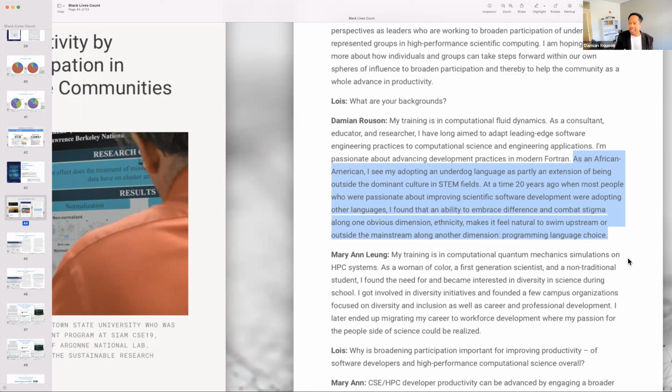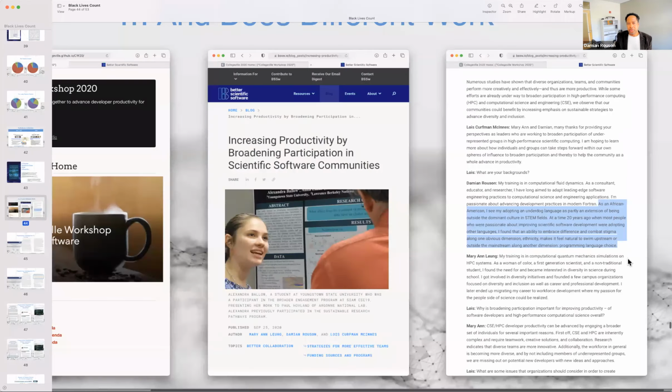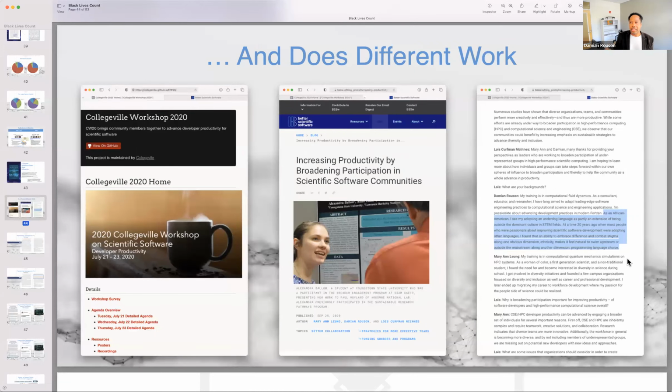So I think there is actually kind of a relationship between the fact that I chose Fortran as my adopted language, or my primary language. I've programmed in a dozen or so different programming languages, but the fact that I chose Fortran, I think, partly relates to my background. Oftentimes I think people think about diversity and they sort of imagine that we'll get more people from underrepresented groups, we'll get more Black and Brown and Native American people here, but we'll kind of just be doing the same thing, or at least implicitly, I think that's what people are thinking.